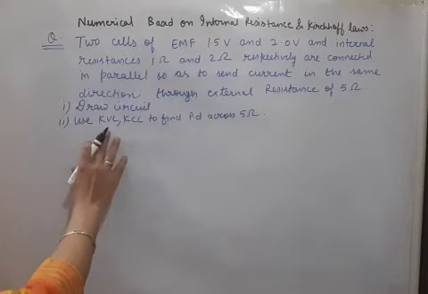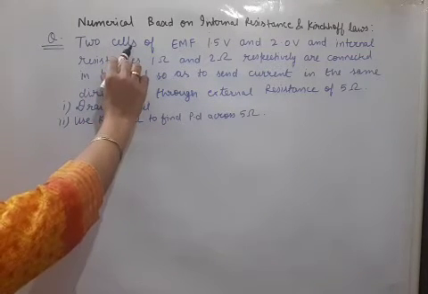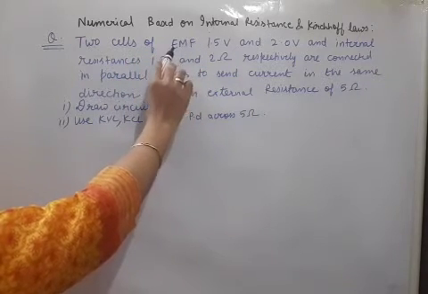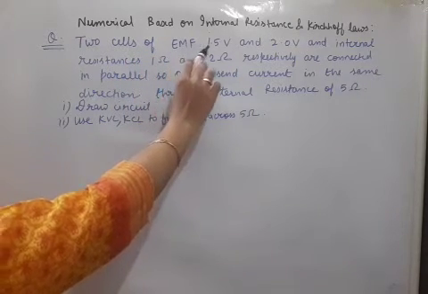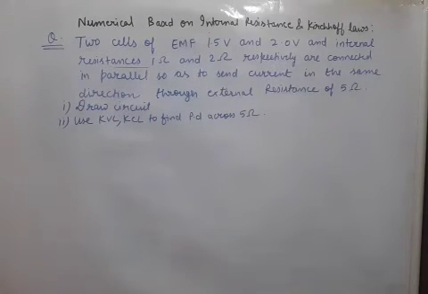So here the circuit diagram also we have to draw, and this circuit diagram is about the cells, and we have studied now that along with EMF, internal resistance is also required to draw with the cell. So let us first understand how to draw the circuit.